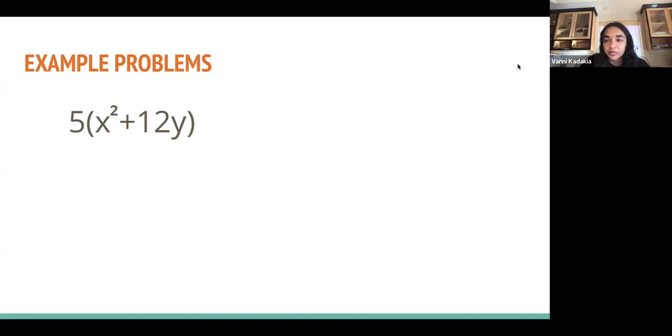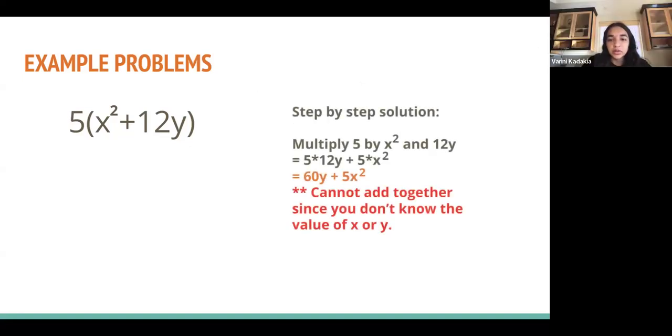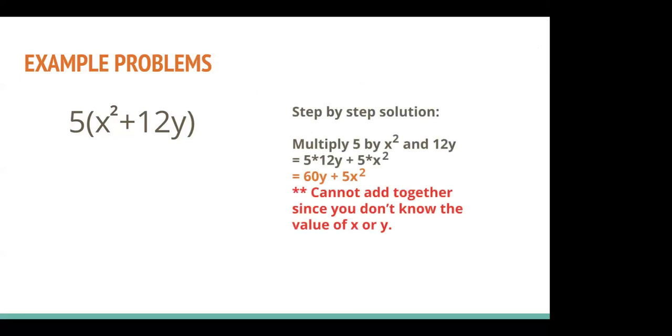Okay, Evangeline, do you want to explain? Yes. Here's the correct answer. Multiplying 5 by x2 and 12y equals 5 hash 12y plus 5 hash x2, which equals 60y plus 5x2.